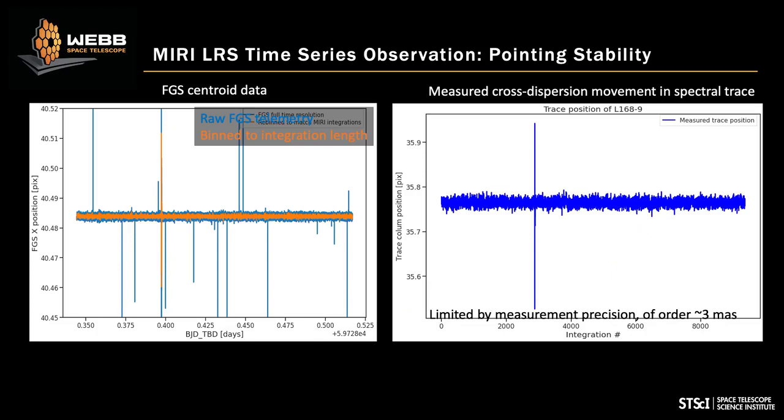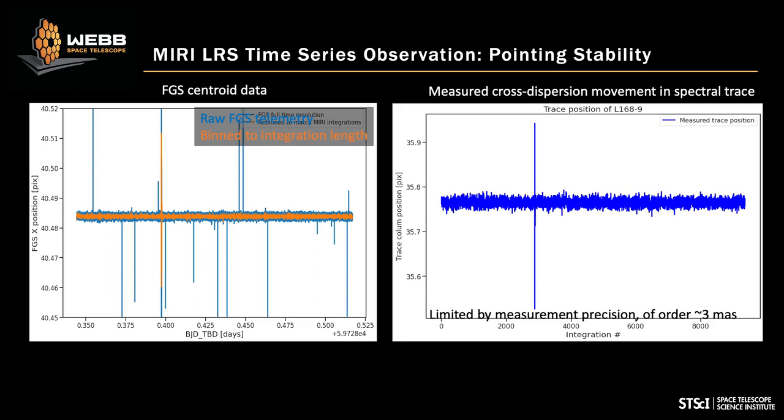This is just quickly on the pointing stability. We have a larger pixel scale, so we're slightly less sensitive to these issues. During our observations, on the left I showed the FGS data, and the orange line is rebinned to the actual integration times of the Miri observations.